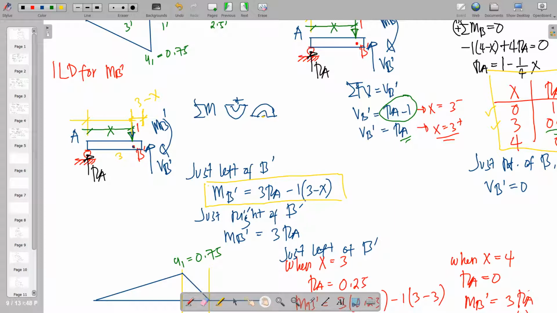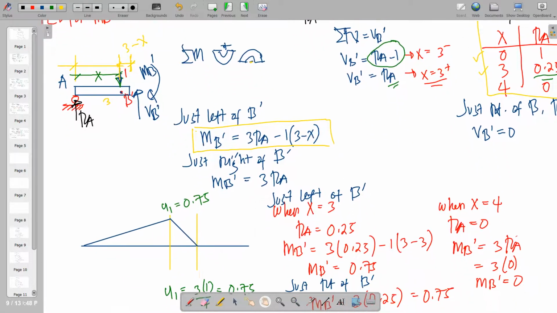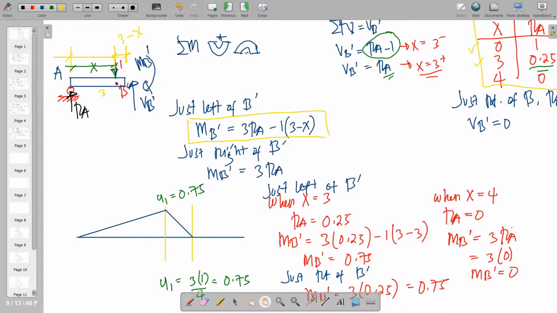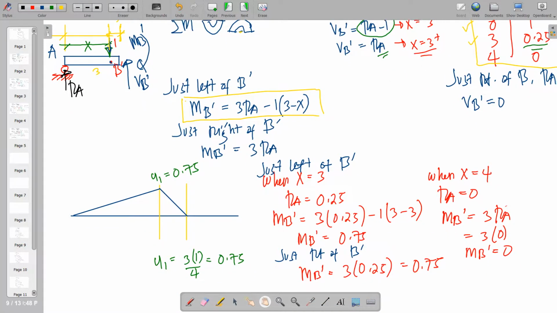And then just right of B, 1 will no longer be on the beam, so we'll just remove this portion. So MB prime will be equal to 3 RA. And then we have already plotted this, that when x is equal to 3, RA is equal to 0.25.